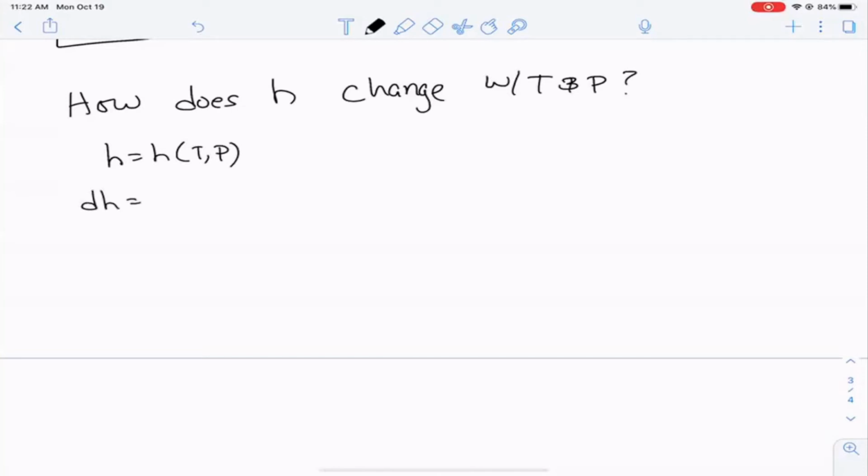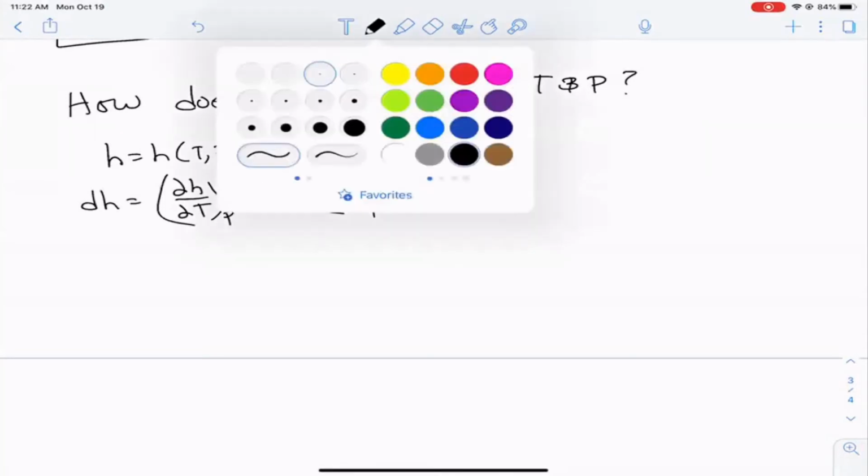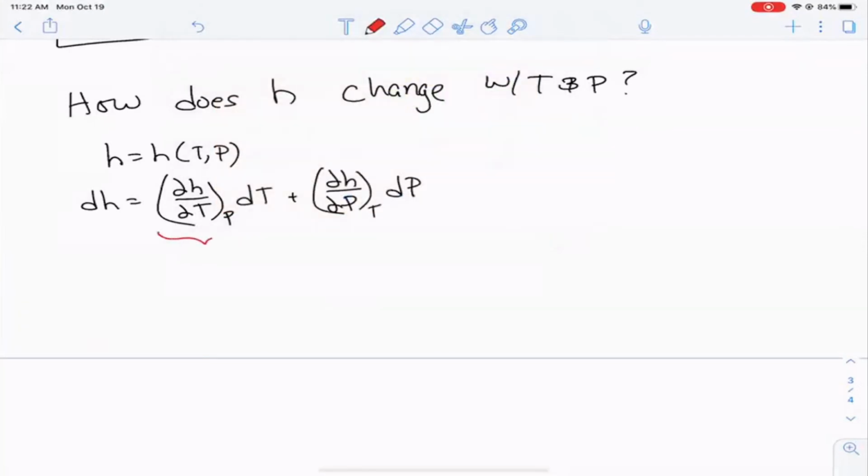So then dH equals (dH/dT) at constant P dT plus (dH/dP) at constant T dP. And in our last lecture, this was an alternative definition for what? Does anybody remember?